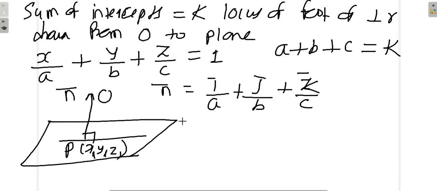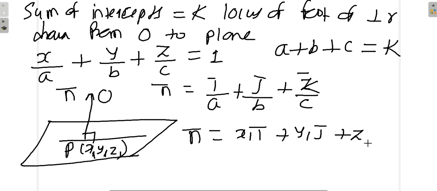So what will be the equation of plane? We know that the direction ratios of OP are x1, y1, z1. So normal is also x1 i plus y1 j plus z1 k. Right?